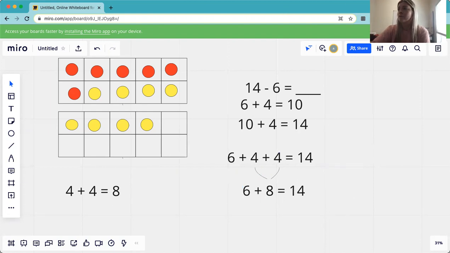Again, I would take my 6, I'm adding my 4 yellow at the top and my 4 yellow at the bottom, which equals 14. I'm adding those 4 yellow together, which makes the 8. So I have my 6 red plus my 8 yellow, that equals 14.